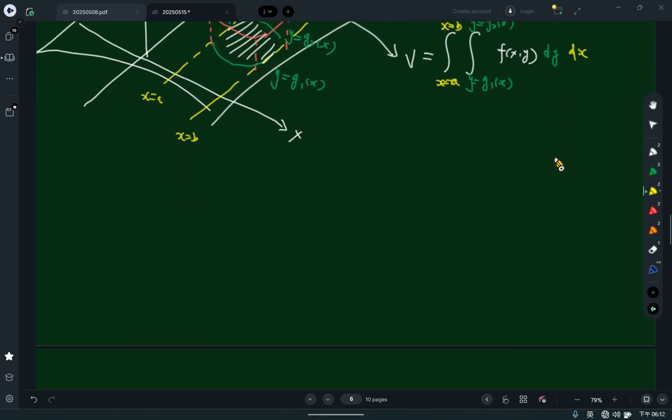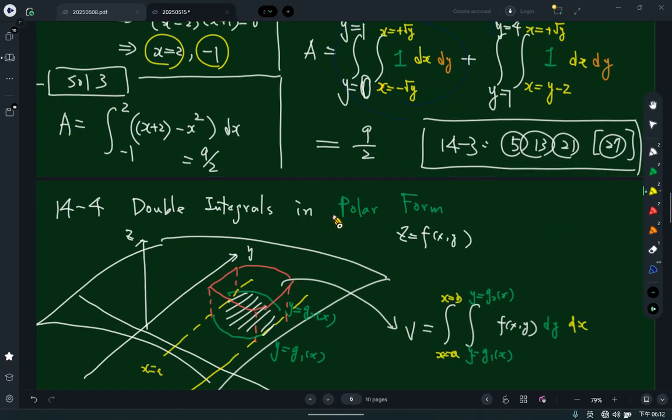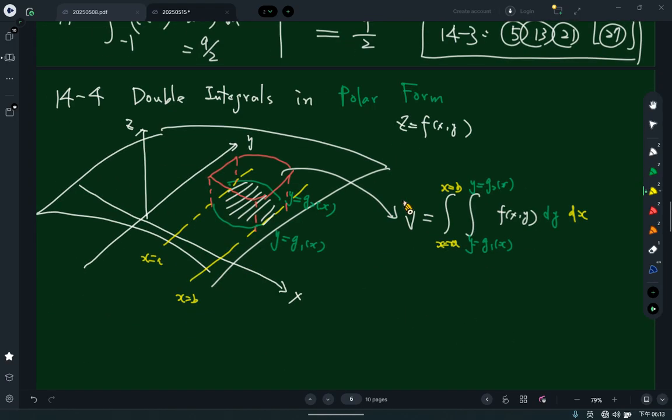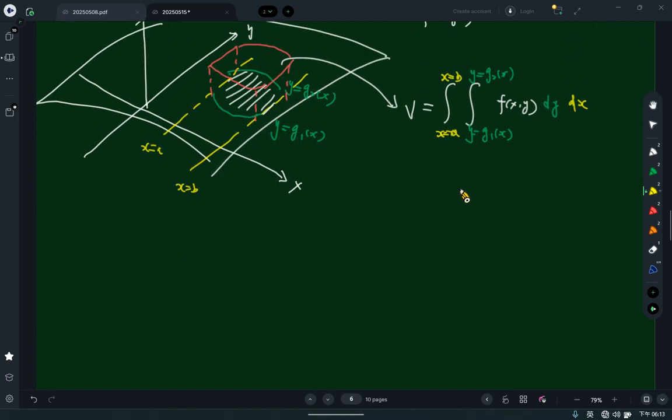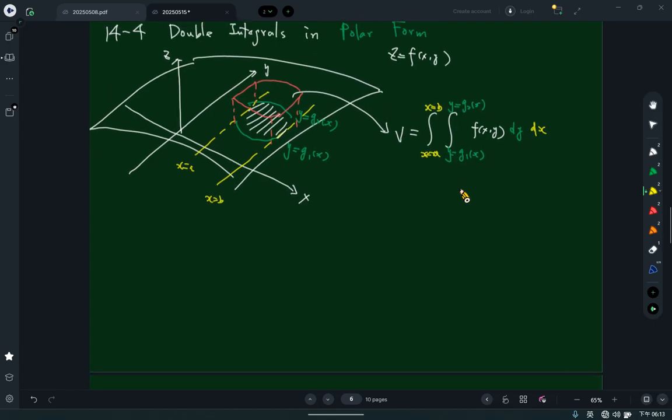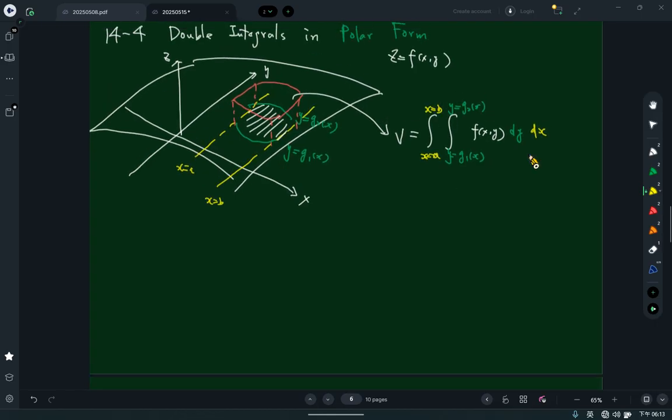But now, today, we will move to polar form. Following the same idea, let me draw a similar picture again. This is y, this is x, this is also z.